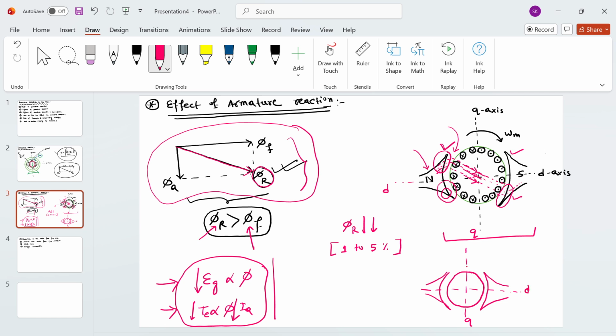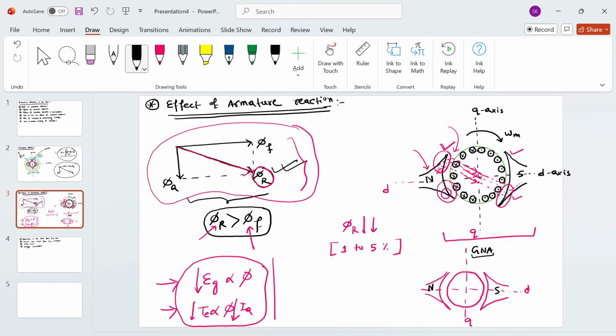This Q axis is what we call the geometrical neutral axis, GNA, because from the north pole to the south pole there will be a point where the magnetic flux density is 0, and that lies along the Q axis.